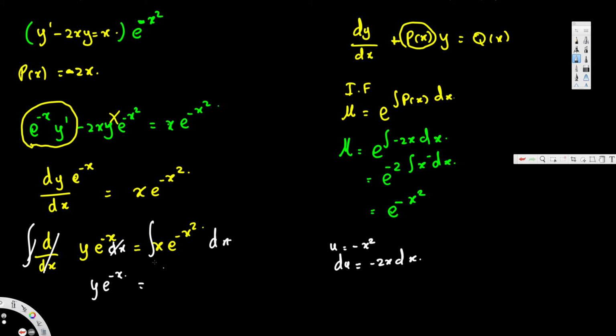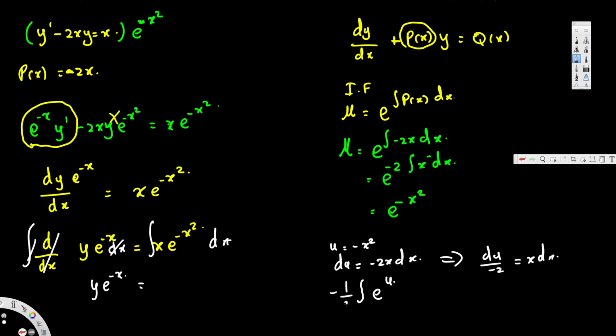If we replace everything in terms of u, we have the integral of e to the power u and x dx. du by negative 2 is equal to x dx if you rearrange this. So when we replace x dx, that's going to be du by negative 2.